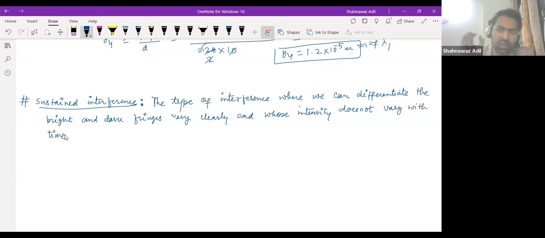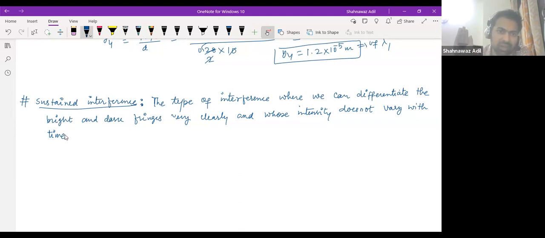So let's say you have a bulb which is emitting a constant light, and then you have another bulb which is fluctuating. So which bulb is a good emitter? The constant one, right? So the intensity that you are getting from a sustained interference will not change over time. That will remain the same.